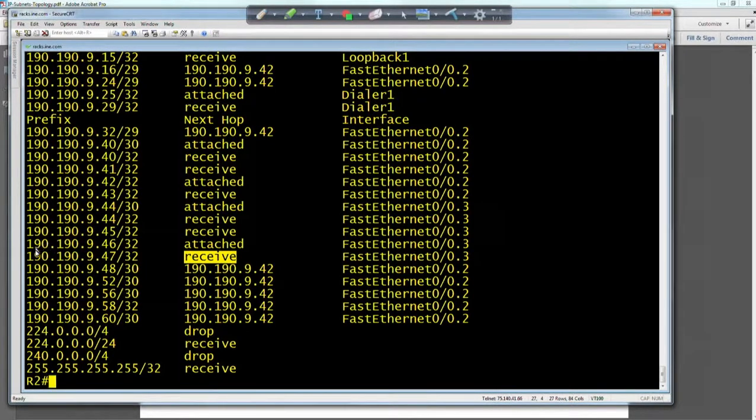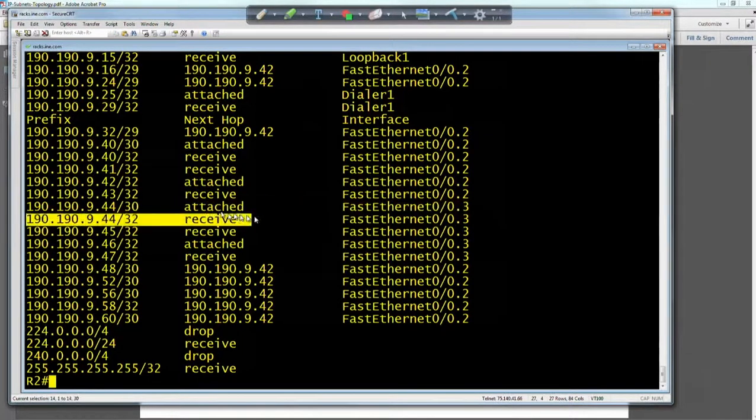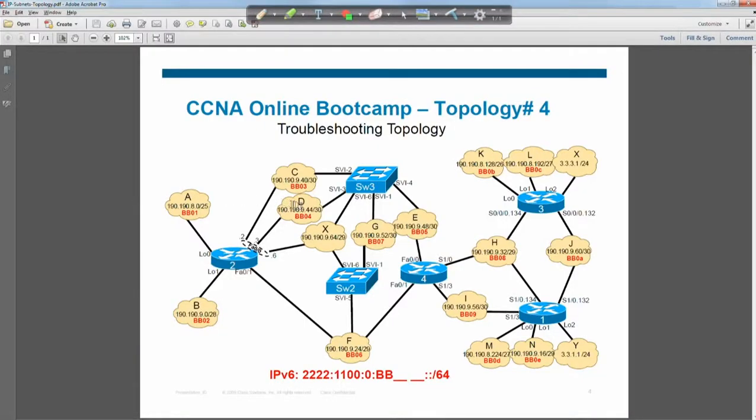And if we actually take a look at this, 9.47, well, that's not showing up on that diagram. Let's look at another one. How about 9.48? Okay, this is kind of weird. Look at this, 9.44/32. Well, if you look at the topology diagram, 9.44 is actually the subnet address of subnet D. So what's that CEF entry telling us?